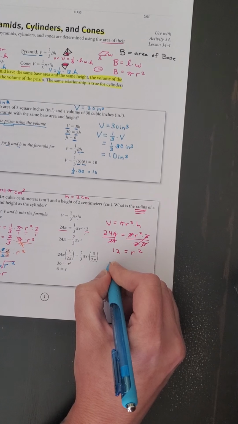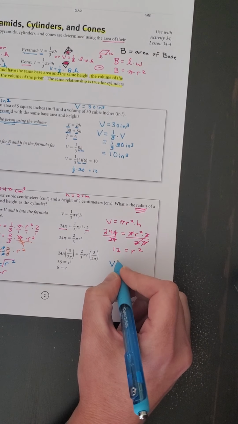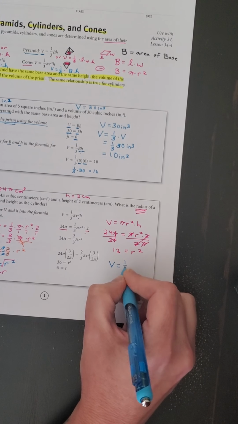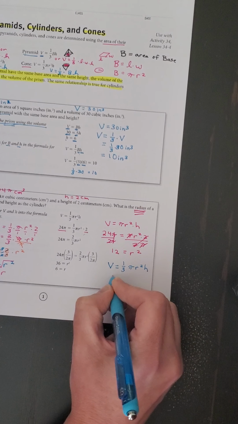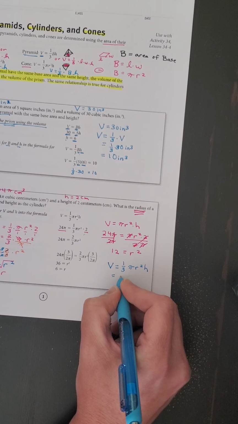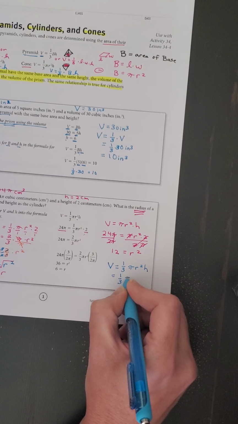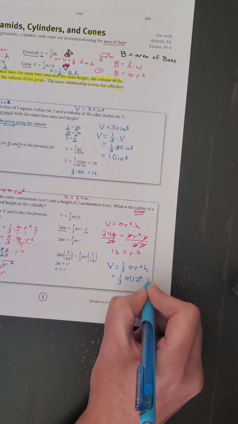So the volume of the cylinder, or sorry, the cone is equal to 1/3 pi r squared h, which is 1/3 pi 12 squared times the height.